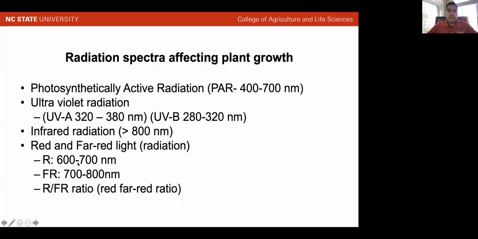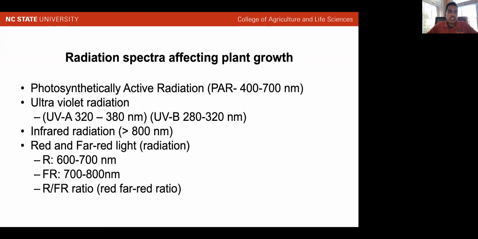Now, if we look at the sun, the impact of different radiation spectra on plants is quite diverse. Again, you have 400 to 700 nanometers as the photosynthetically active radiation for photosynthesis. Then you have ultraviolet radiation, typically divided into UVA and UVB.